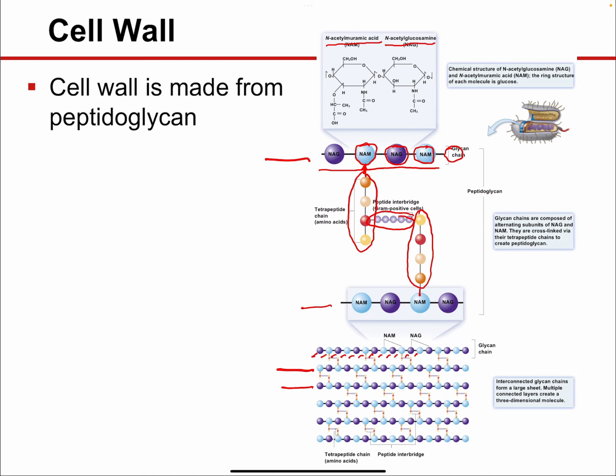That interbridge is going to guarantee that this chain right here is connected to this chain. Now, let's take a look at how it plays in this whole molecule here.